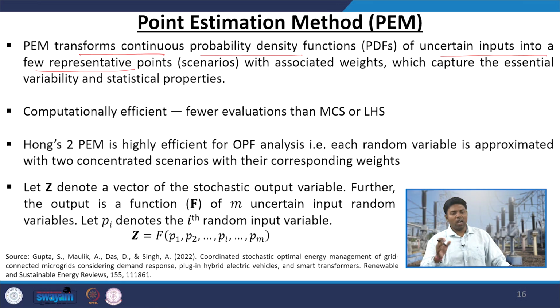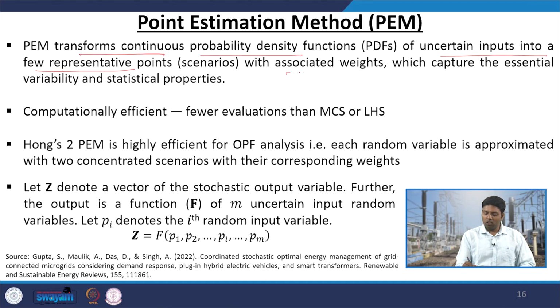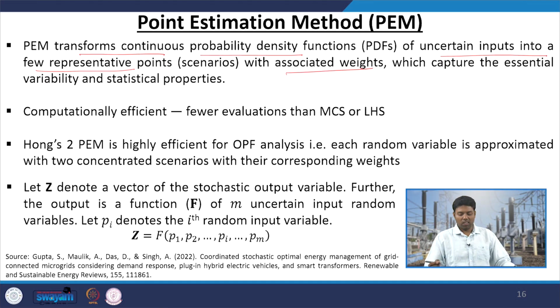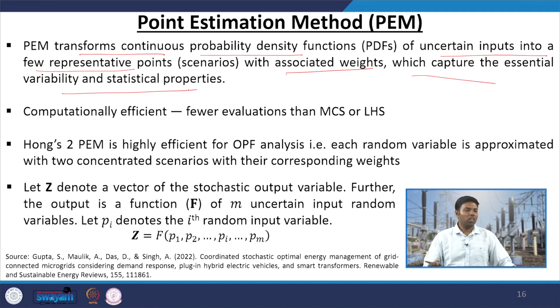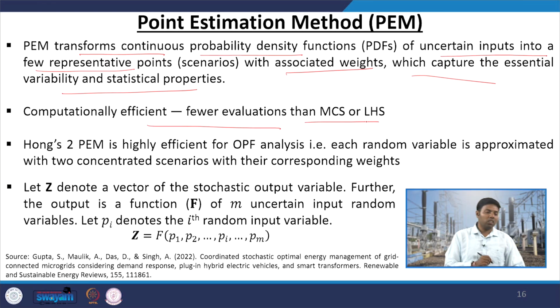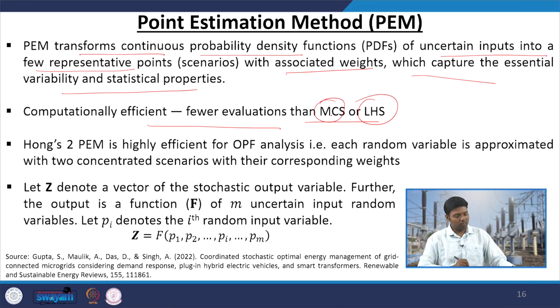It will collate the entire scenario set to only 2 to 3 representative points, and it will also give you the associated weights, which capture the essential variability and the statistical properties of that random event. So, it is very computationally efficient because you are generating only 2, 3 or 5 scenarios and need fewer evaluation points compared to Monte Carlo simulation and Latin hypercube simulation.